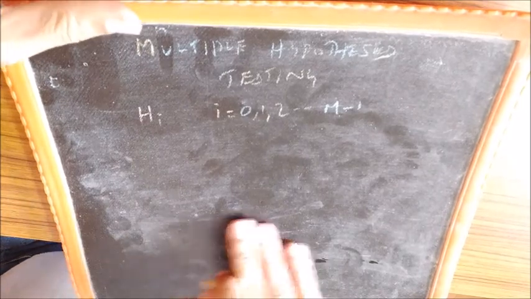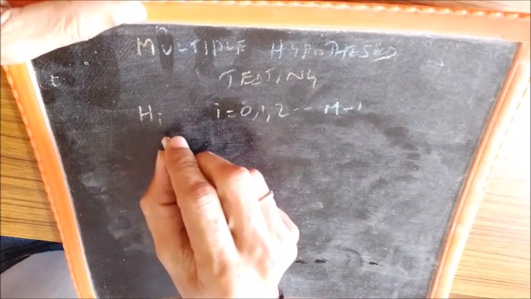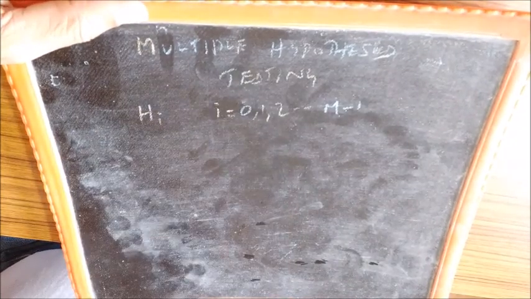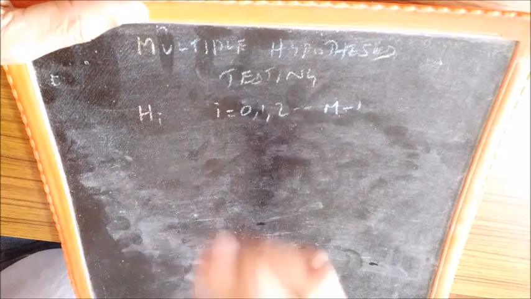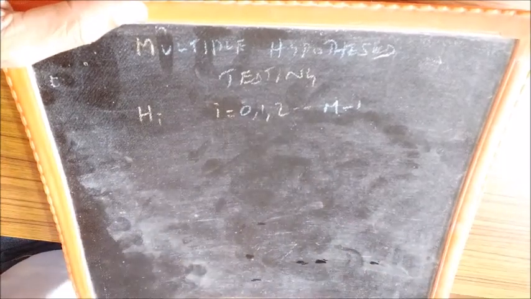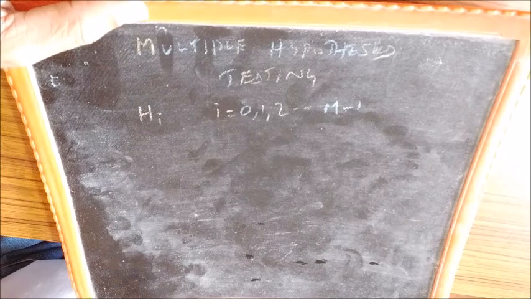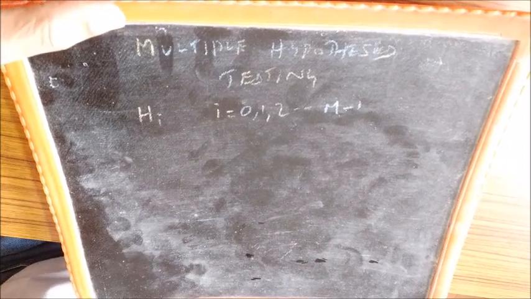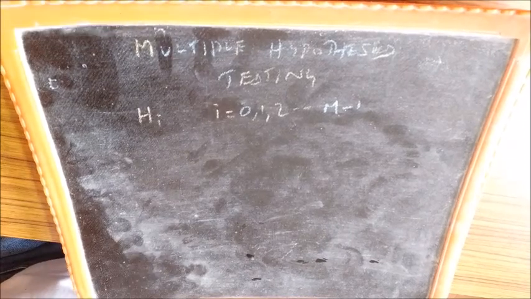Now, for a given true hypothesis, let's say Hi, given that Hi is the true hypothesis, one can take M possible decisions.